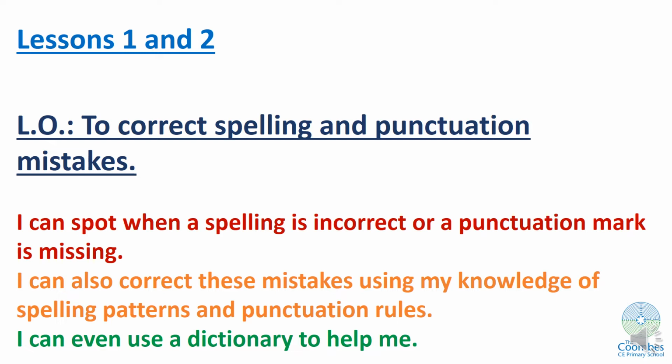So by the end of these 2 lessons, you will be able to spot when a spelling is incorrect or a punctuation mark is missing. You will also be able to correct these mistakes using your knowledge of spelling patterns and punctuation rules. And you will even have the chance to use a dictionary to help you if you need one.